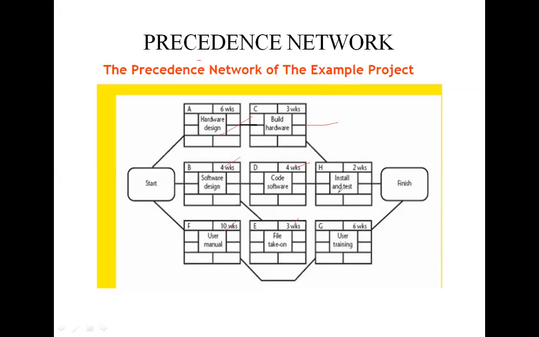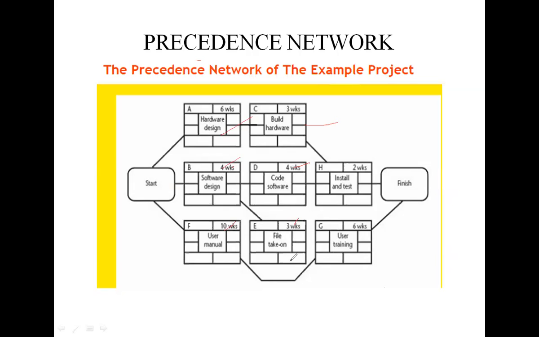Similarly, activity H cannot start until week 9, the latter of the two earliest finish dates for the preceding activities C and D. The project will be complete when both activities H and G have been completed.